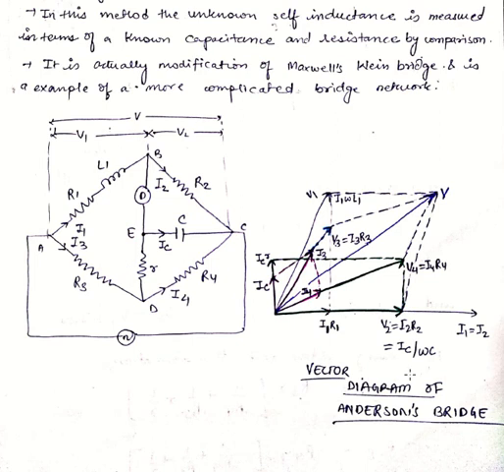Coming to the vector diagram of the Anderson bridge, in this vector diagram we have taken I1, I2 as a reference. Here we can see that all the other currents are not in phase with I1, I2. Now, by adjustment of the variable impedances, we make IC 90 degrees phase apart from I1, I2.